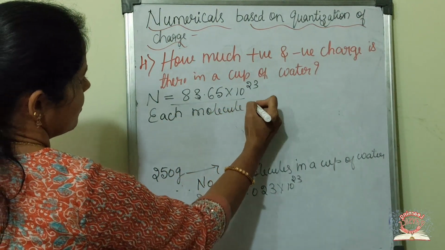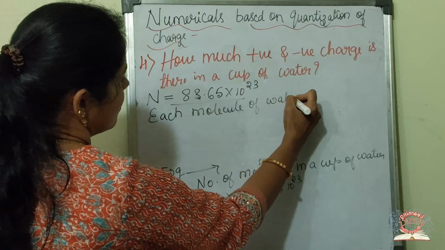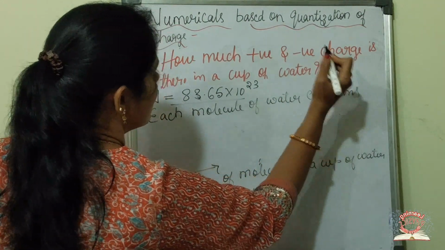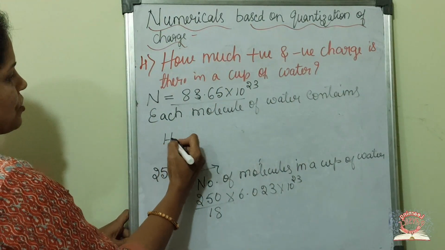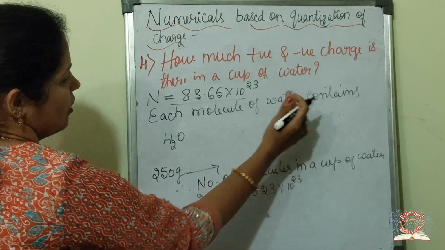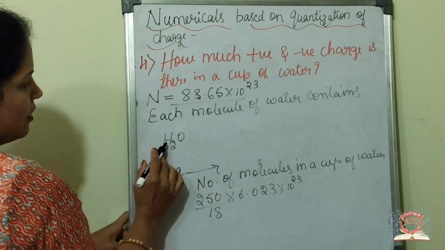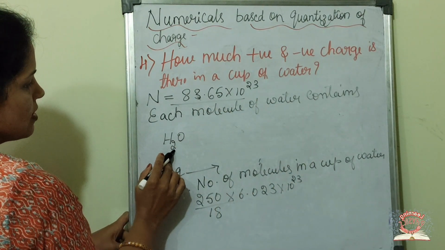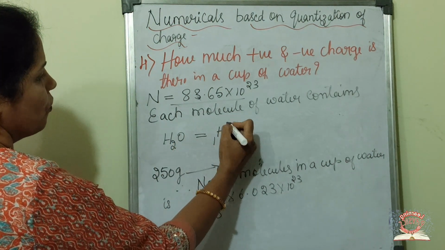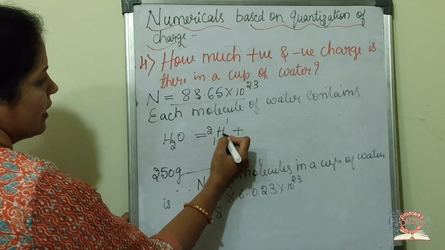So here there are 2 protons from hydrogen, already I mentioned 1H1, there are 2 atoms.